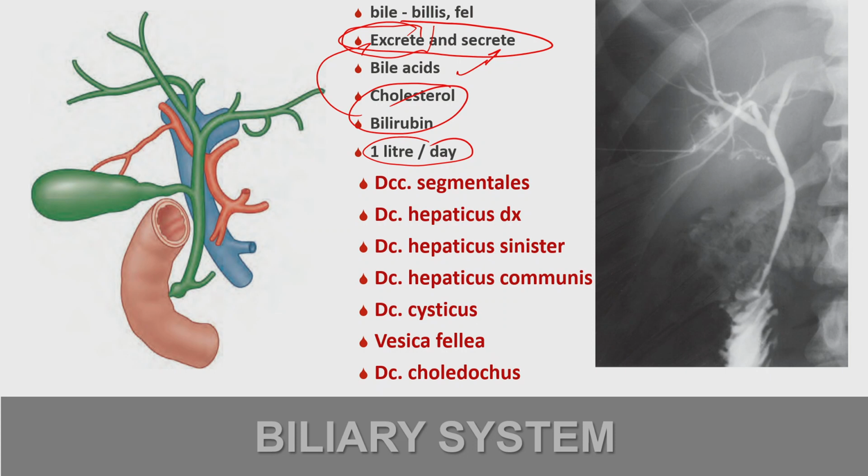And then the bile is flowing through the segmental ducts to the 2 main ducts, which are called dexter and sinister, right and left. From right and left bile duct, we are talking about extrahepatic ducts.